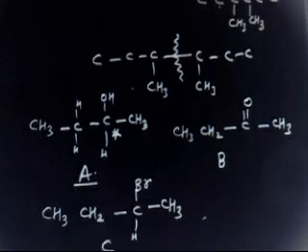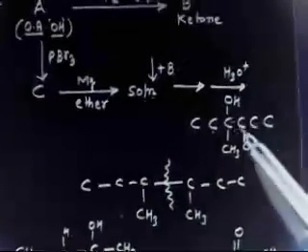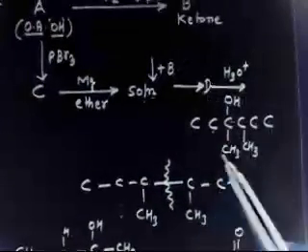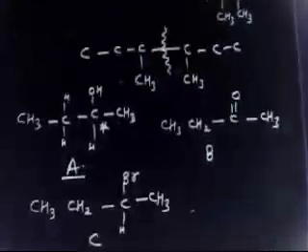This is simply C because OH has been replaced by Br. The other structure is already given, so you only have to find A, B, C in this case. If you want to find D, D is obtained on hydrolysis of the product, and D is simply the resulting alcohol.